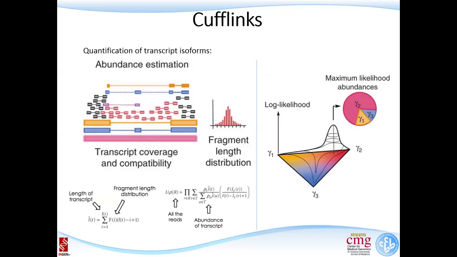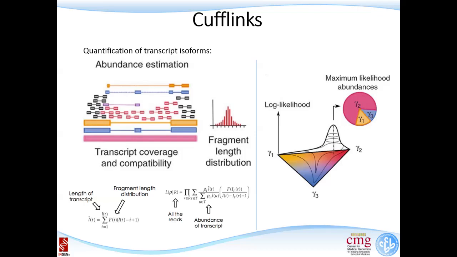After you're done calculating what the lengths of these transcripts are, you get the log likelihood that reads are assigned to one transcript or another. So you take the sum of all the transcripts in the transcriptome, and each of them has a log likelihood.